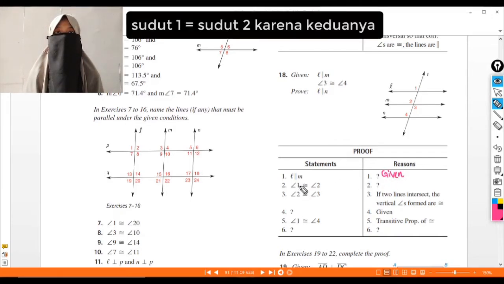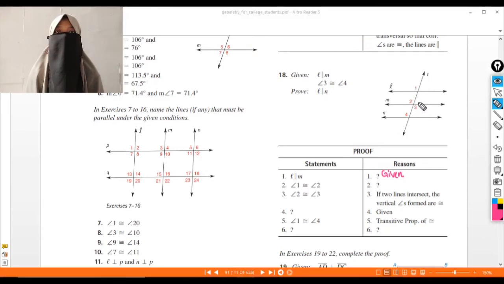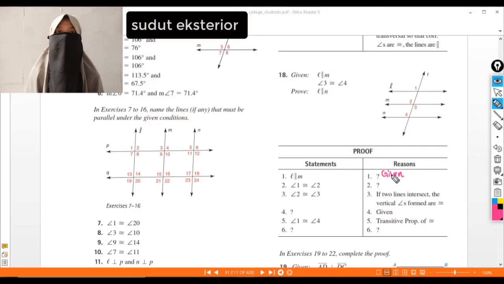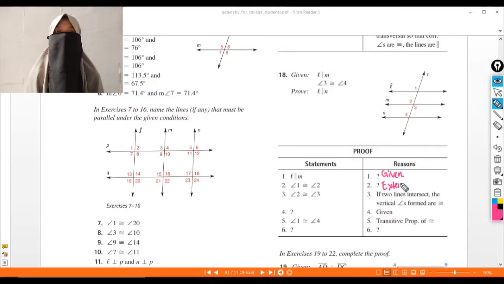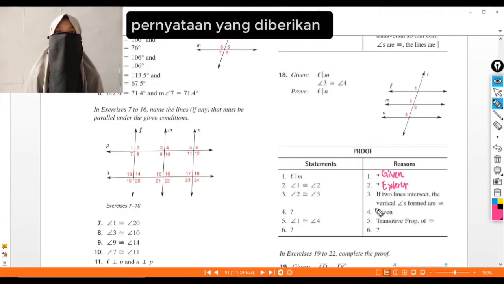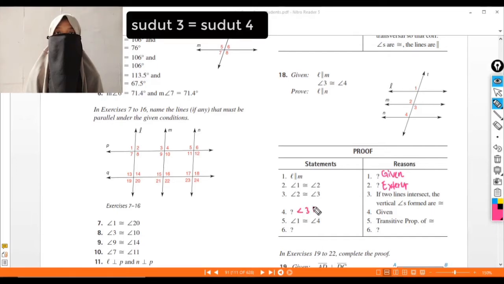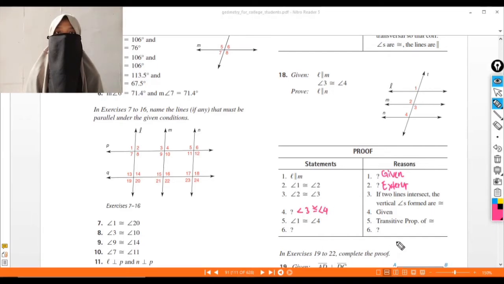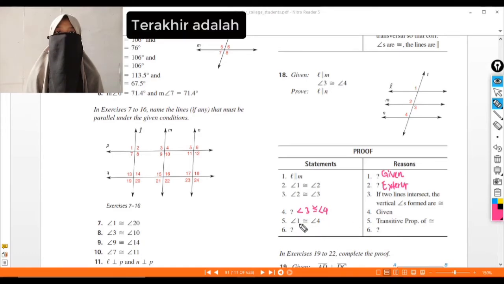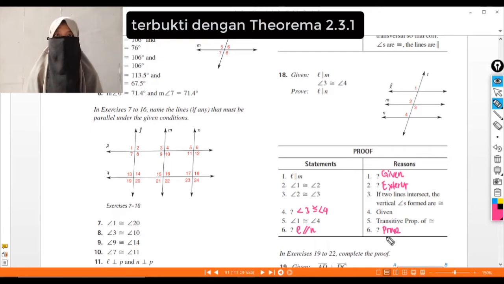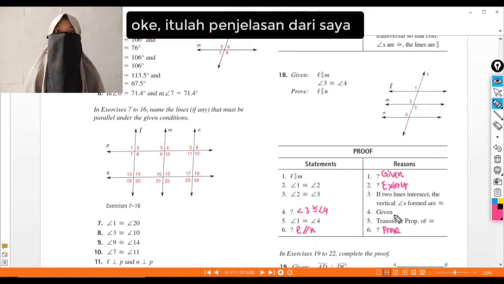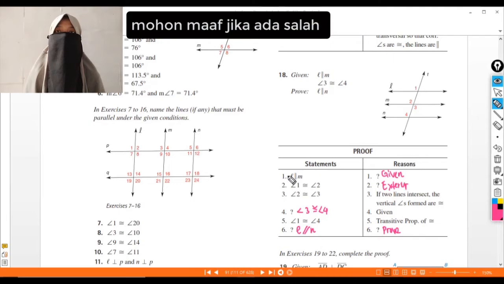Next, angle 1 equals angle 2 because they are exterior. And number 4, the statement is given angle 3 equals angle 4, and the last is we prove that line L is parallel to N. Okay, that's my explanation. I'm so sorry for my mistake.